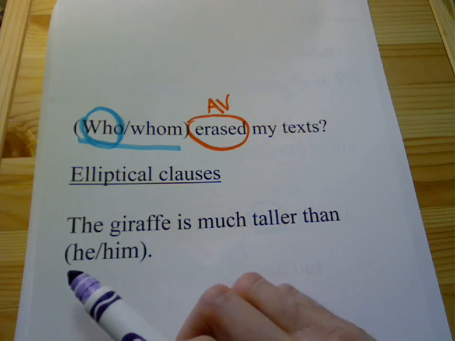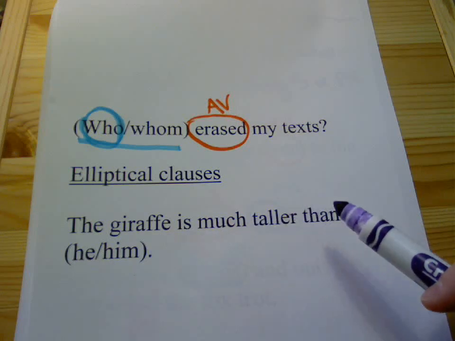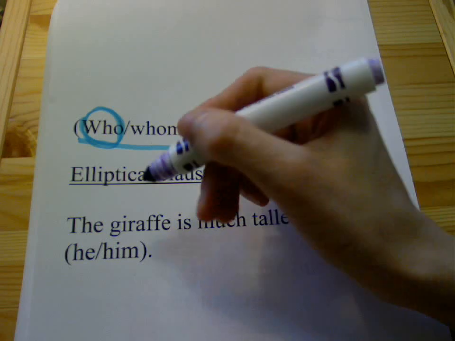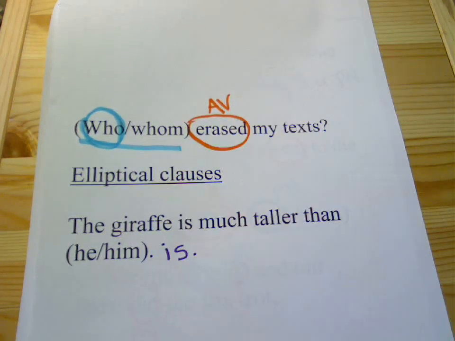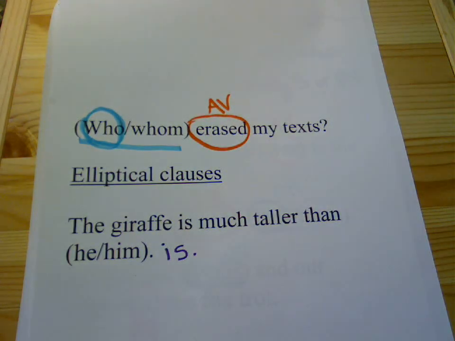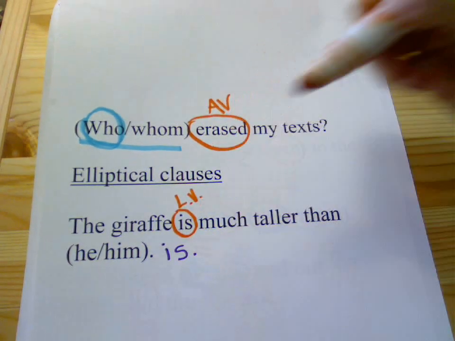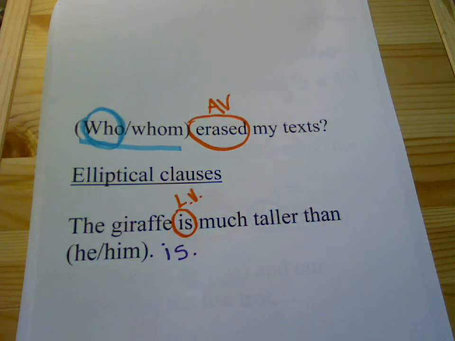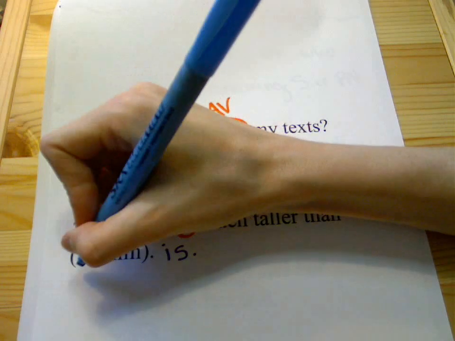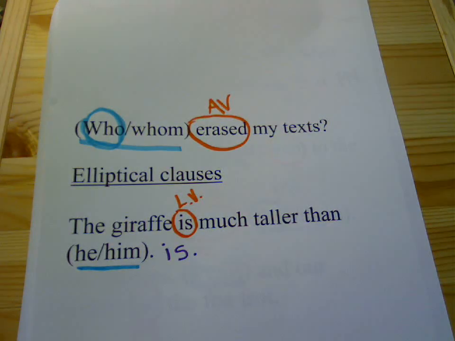This sentence is really saying the giraffe is much taller than he or him is, right? We're kind of missing that verb. So now that we've added that verb in, let's check to see what noun function this pronoun is working in.